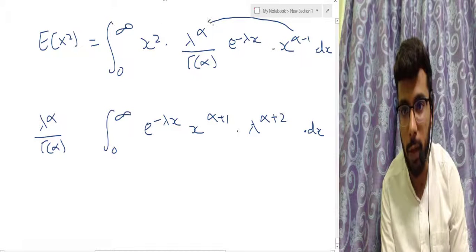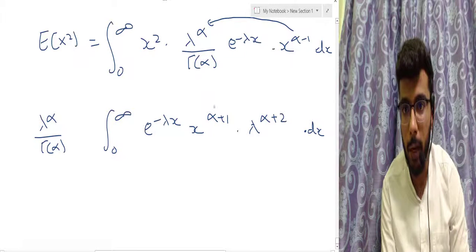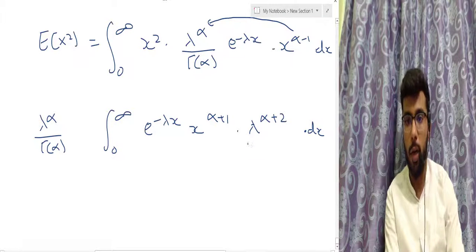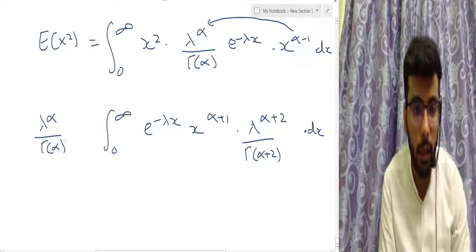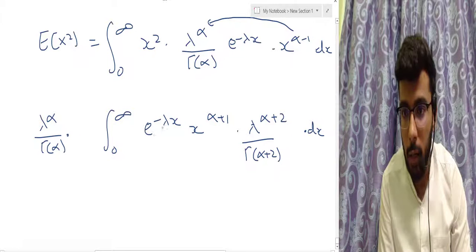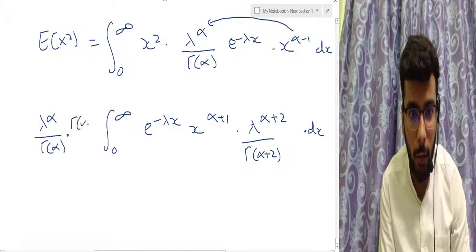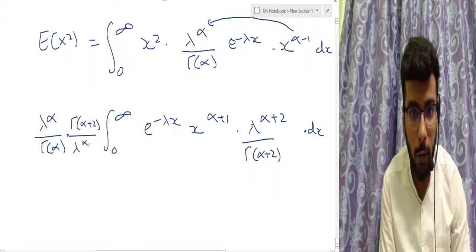So if it is x to the power of alpha minus 1, it is lambda to the power of alpha, right? If it is x to the power of alpha plus 1, it just becomes lambda to the power of alpha plus 2 upon gamma of alpha plus 2, and if you multiply you need to divide as well, so it just becomes gamma of alpha plus 2 upon lambda to the power of alpha plus 2.